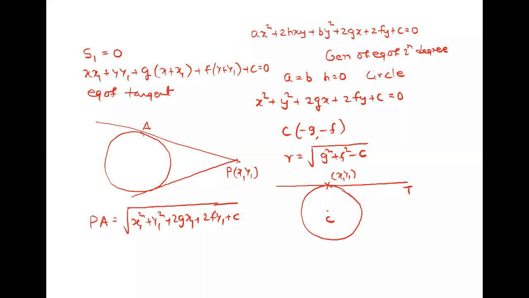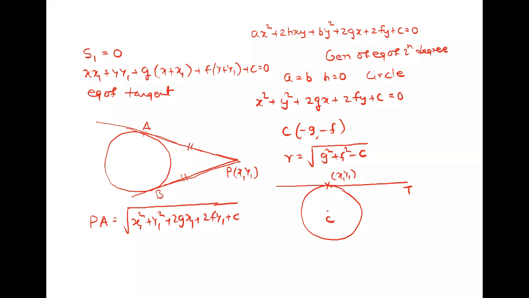So the tangent equation is xx1 plus yy1 plus g times x plus x1 plus f times y plus y1 plus c equal to 0. If two tangents are drawn to the circle, PA and PB, both are equal. Length of PA is under root of x1 square plus y1 square plus 2gx1 plus 2fy1 plus c.